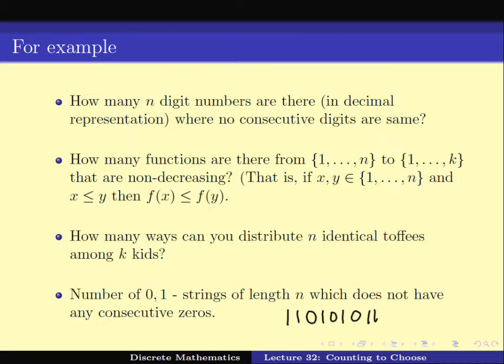This is an accepted string. But something like 1 1 0 0 0 1 1 1 is not an accepted string because there are 2 consecutive zeros. Or here actually there are 3 consecutive zeros. So how many strings of length n are there which don't have any consecutive zeros?